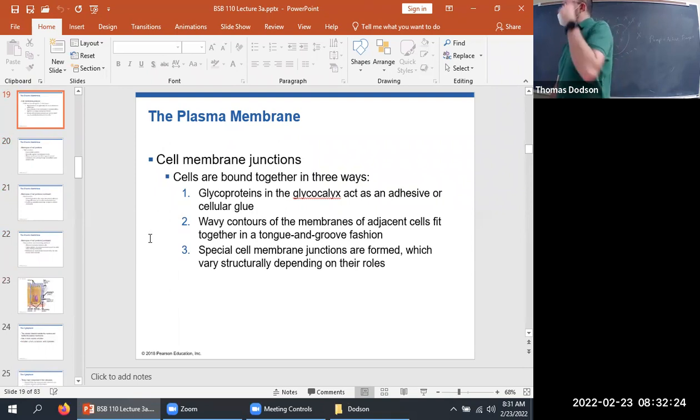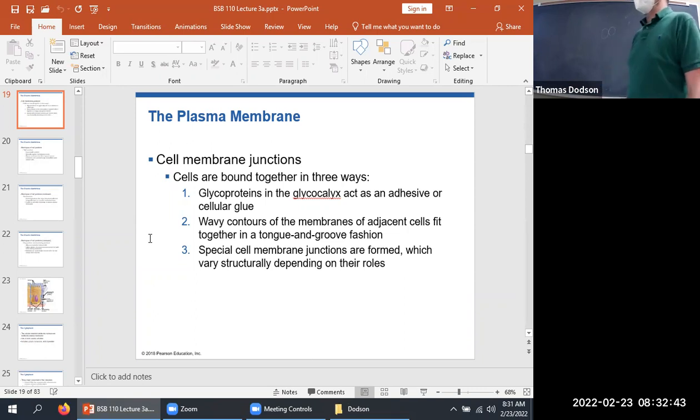Okay, so why would you need to have connections between cells? That's what I would like you to remember. So why would you want to have cells connected in some way to another cell? Okay, how would you share information?